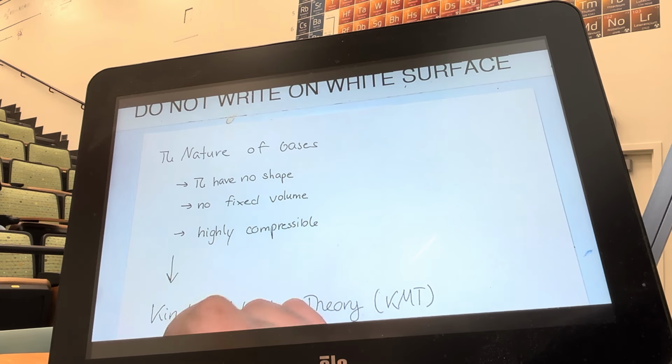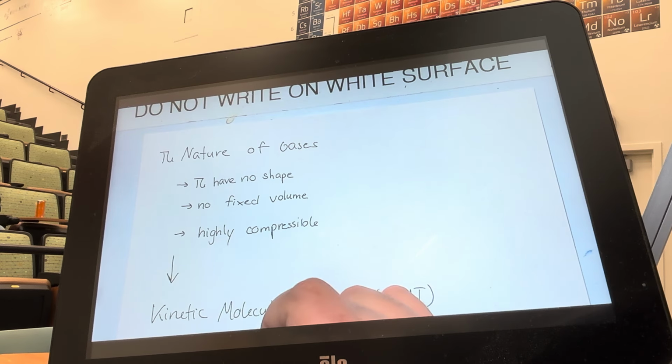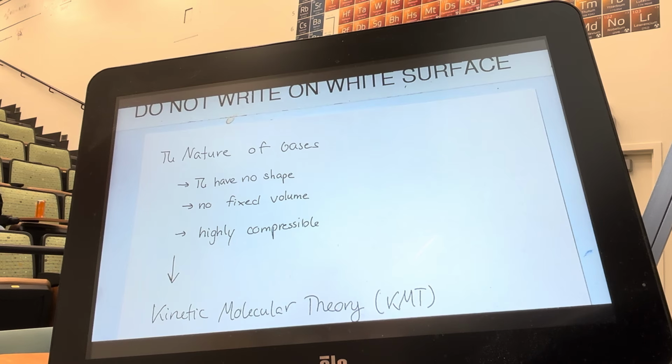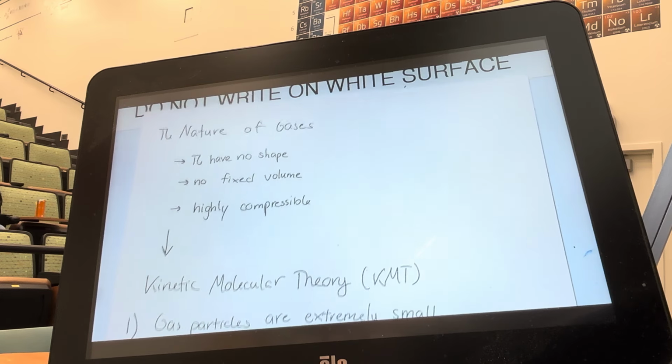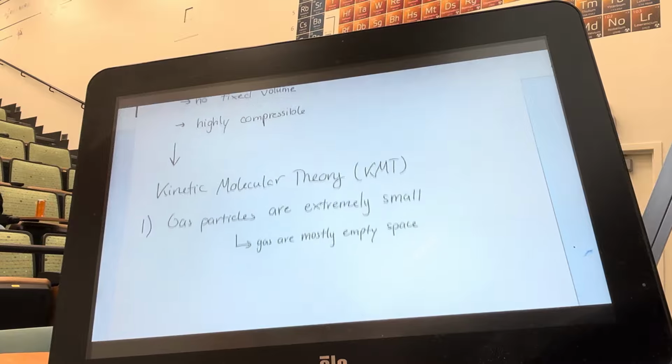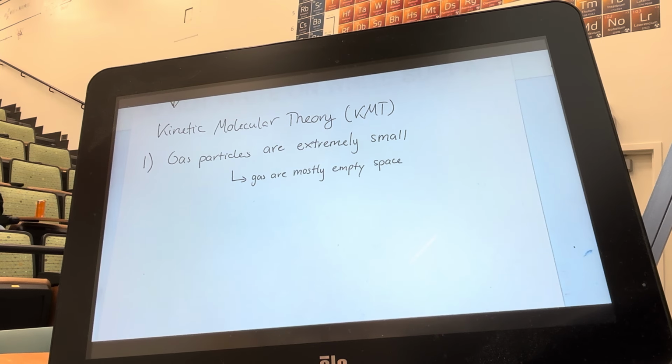And the first one is that gas particles are extremely small. And what this means is, at least relative to the container, gases are mostly empty space.